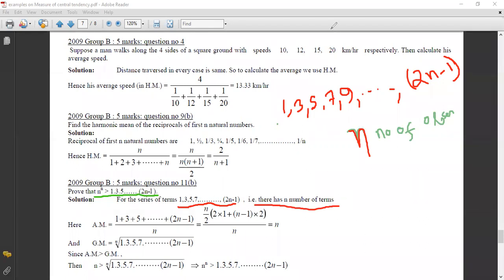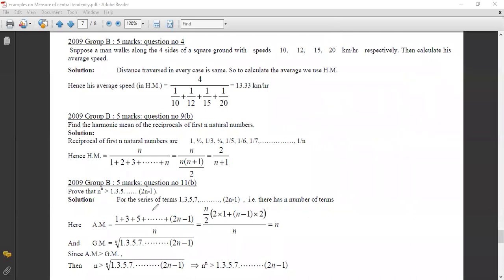Okay. Now the arithmetic mean of these n numbers. We know for any two numbers x1 and x2, AM will be x1 plus x2 by 2. So there are n number of items.